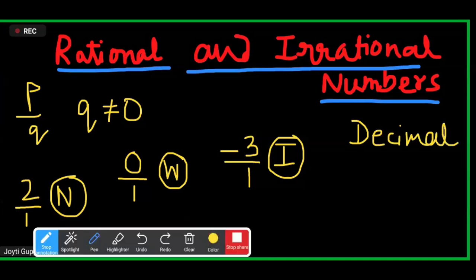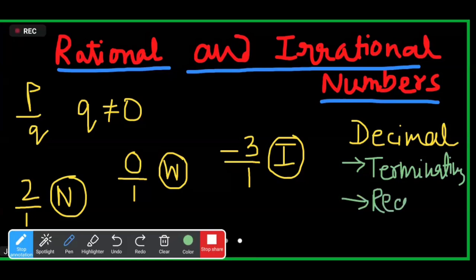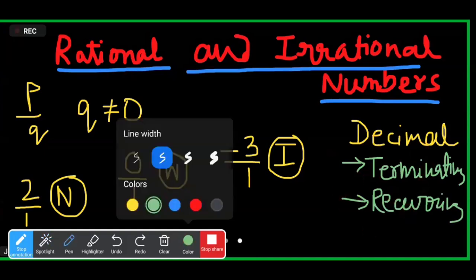You can only convert those decimal numbers that are terminating and those that are recurring. So terminating and recurring decimal numbers are rational numbers, not the other decimal numbers. Now let's understand why terminating and recurring decimal numbers are rational numbers.